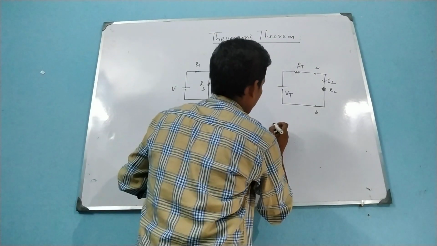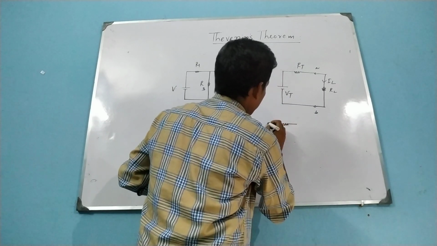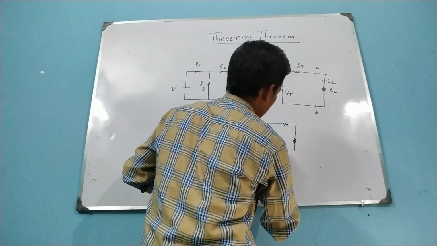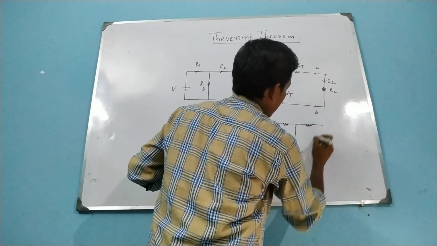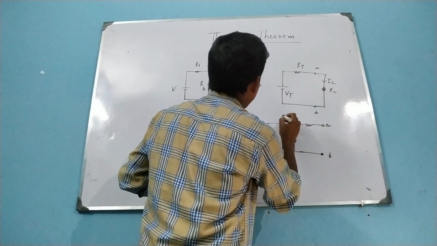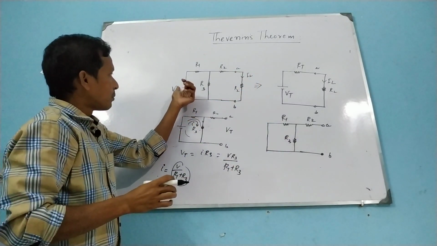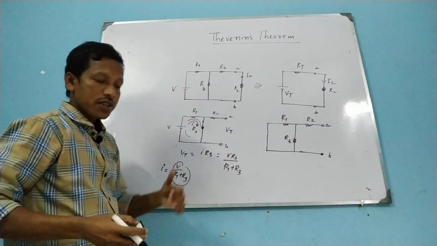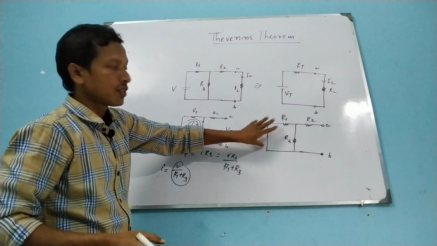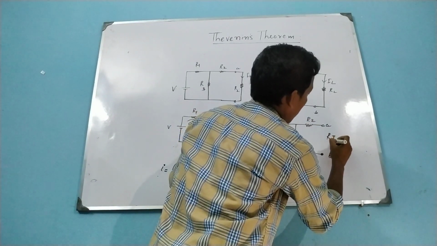So, the equivalent circuit for the calculation of RT is this circuit, between A and B we have R1, R2 and R3. The voltage source is an ideal voltage source. Ideal voltage source means the internal resistance is 0. So, this is replaced by a short circuit. So, this is the circuit for the calculation of the Thevenin's resistance RT.